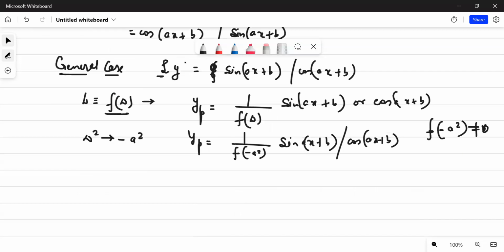What if f of minus a square is equal to 0? There are two cases.